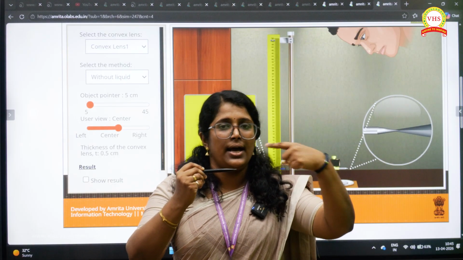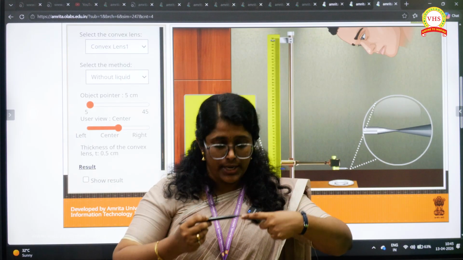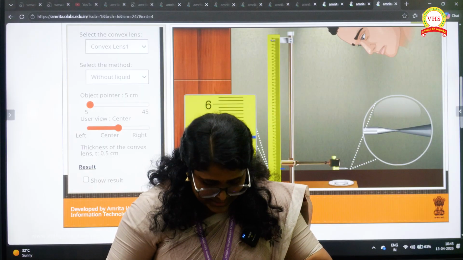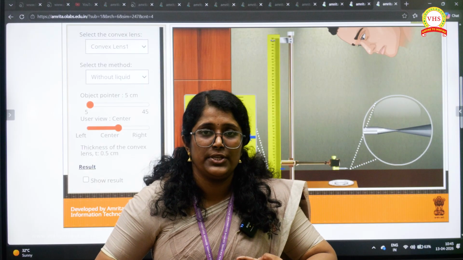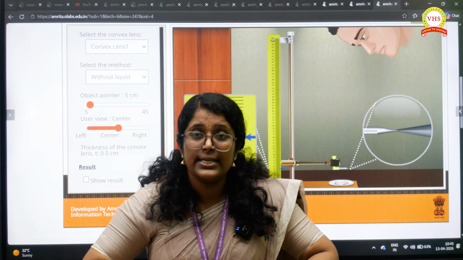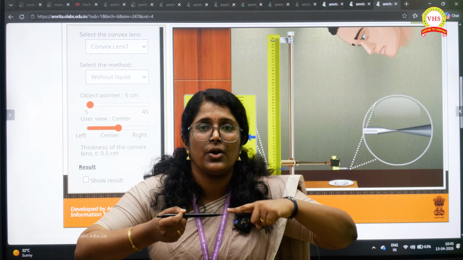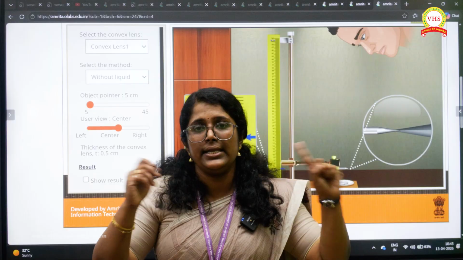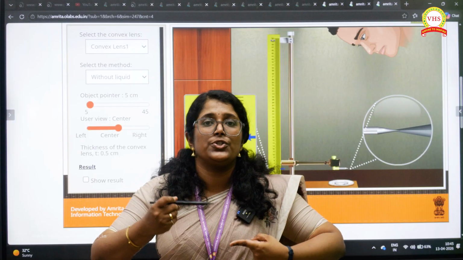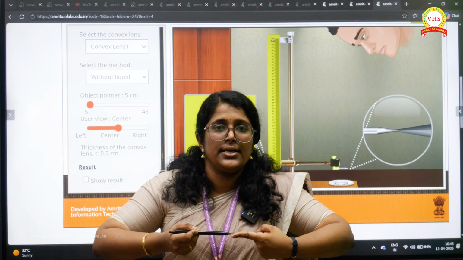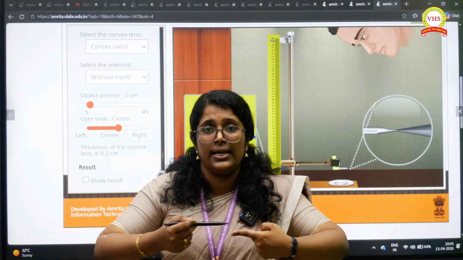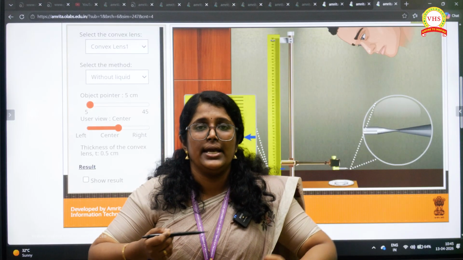This is the object, and the other is the image. When you look like this, you have to adjust the needle so that finally they cross, meaning they are aligned in the same line.